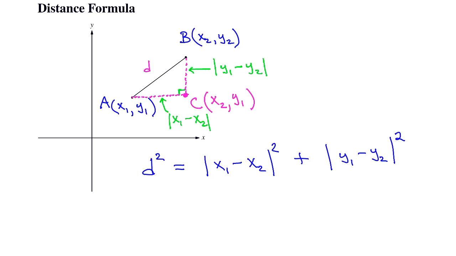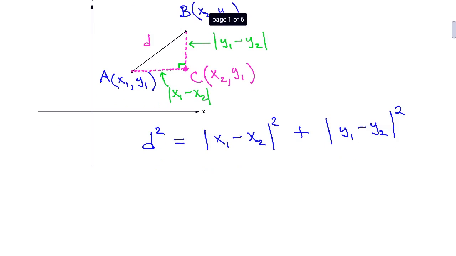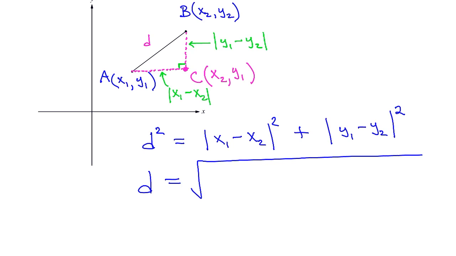And then the last step is to take the square root. So the distance is equal to the square root of x1 minus x2 squared plus y1 minus y2 squared.